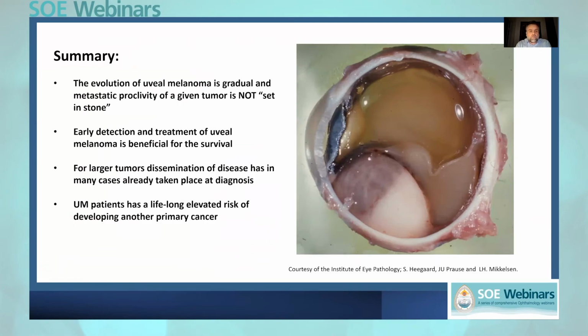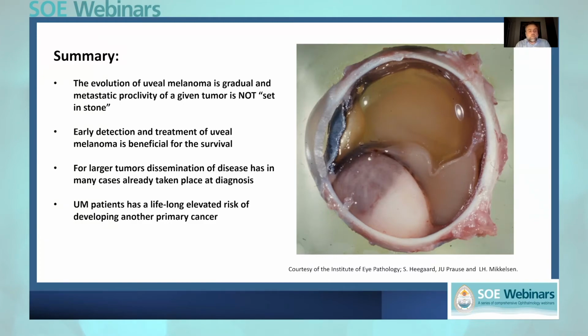In summary, the evolution of uveal melanoma is gradual, and the metastatic proclivity of a given tumor is not set in stone, indicating that earlier detection and treatment of uveal melanoma is beneficial for the patient. For larger tumors, dissemination of disease has probably already taken place at the time of diagnosis.